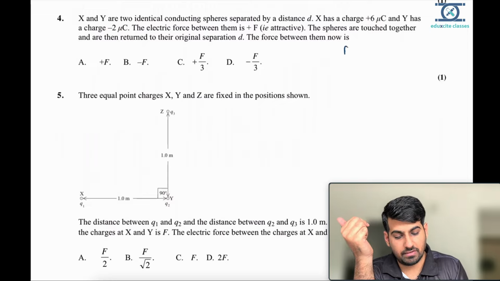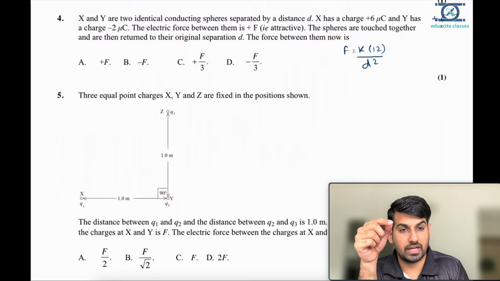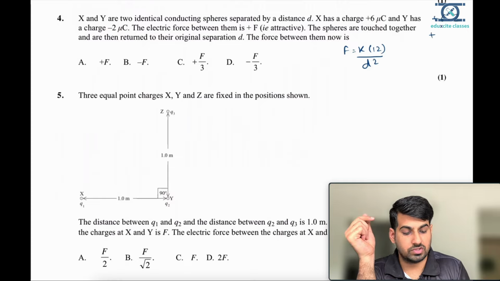Now we know that F is K Q1 Q2. Initially F is 6 into 2, that is 12, forget about microcoulomb, upon d square. Now when they touch together, plus 6 minus 2 equals plus 4, and the charge is equally distributed, as I mentioned.